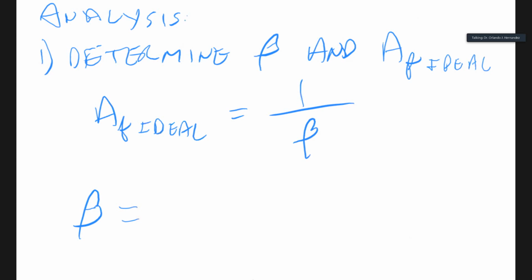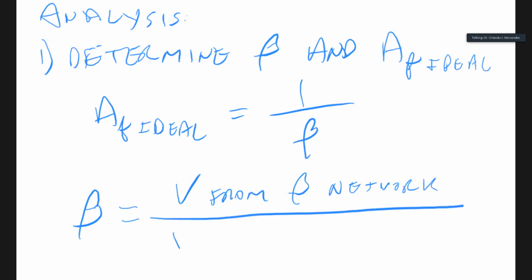And we're talking about voltage sampling and voltage mixing for this specific topology, so that transfer function beta is going to be the voltage output of the beta network over the voltage input into the beta network. Okay?